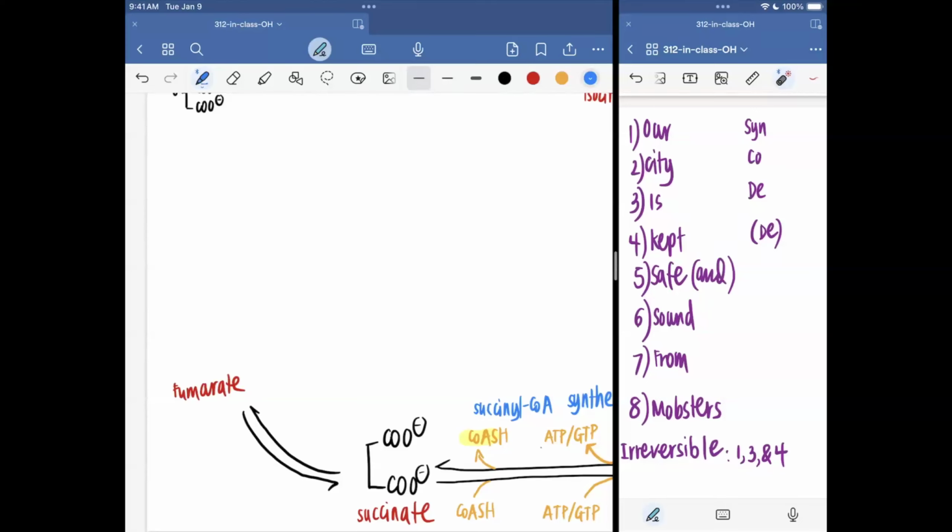And so this is going to be recognized by succinate dehydrogenase, where this is a step where those hydrogens from the dehydrogenation are going to be used to make another reduced electron carrier, where we're going to go from FAD to FADH2.